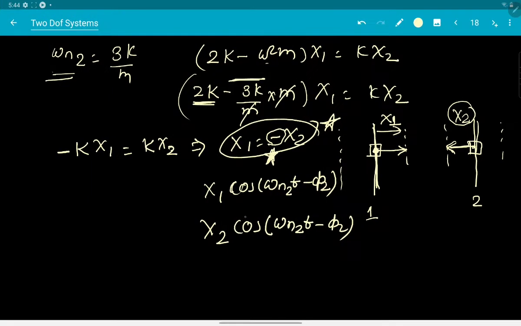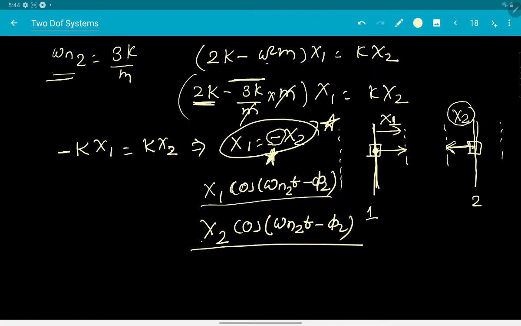So when you are assuming that this is synchronous, then you are getting x2 as minus 1 times x1. In other words, you can absorb that minus sign which is coming over here by adding minus pi or plus pi, which essentially means that the direction is flipped.